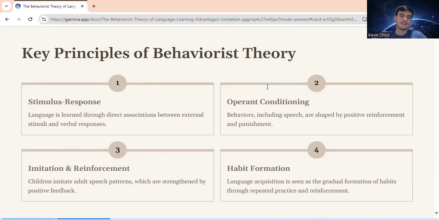Imitation and reinforcement: children imitate adult speech patterns, which are strengthened by positive feedback. And habit formation: language acquisition is seen as the gradual formation of habits through repeated practice and reinforcement.